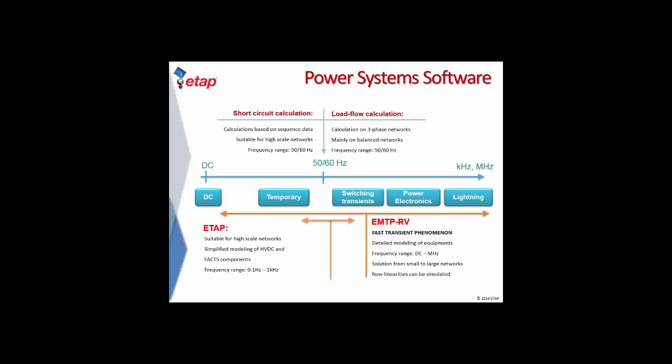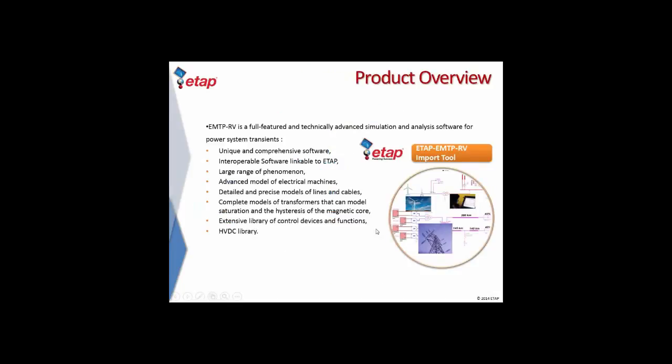So this is why we need another package which is able to represent all of these phenomena to run fast transient analysis studies. So here is a quick overview of the software. EMTP is a little bit like ETAP, but for fast transient analysis.